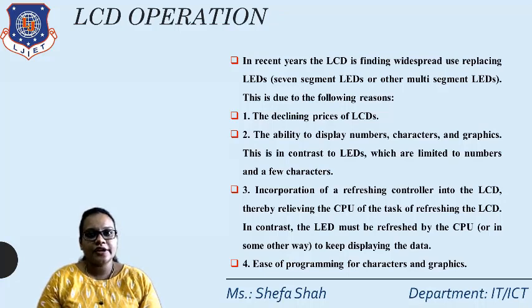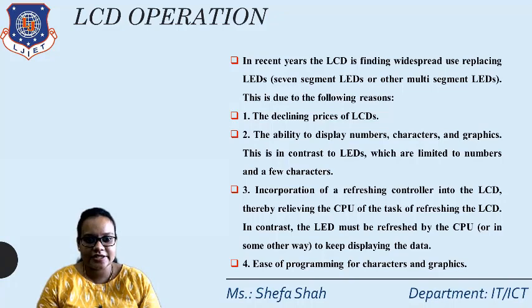In contrast, the LED must be refreshed by the CPU to keep displaying the data. And last, the ease of programming for characters and graphics. So these are the various listed reasons for which we are using the LCD for interfacing rather than 7-segment LED or multi-segment LEDs.